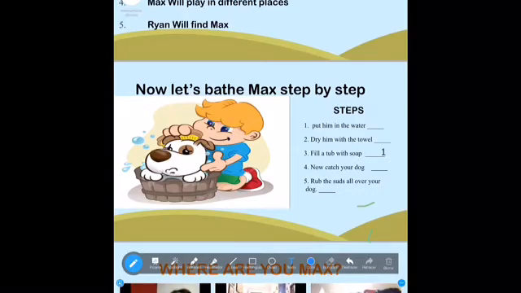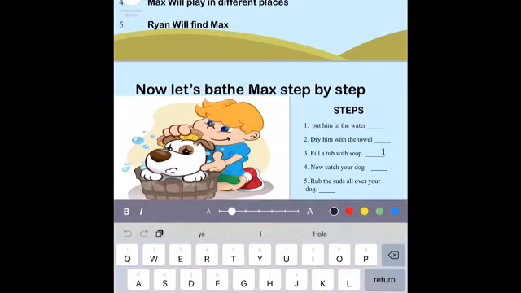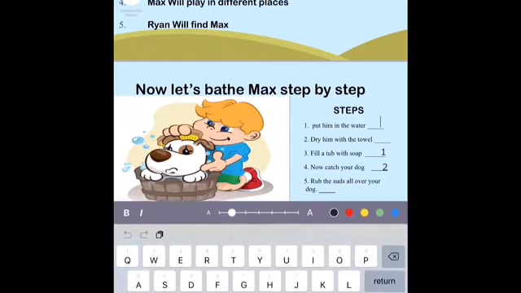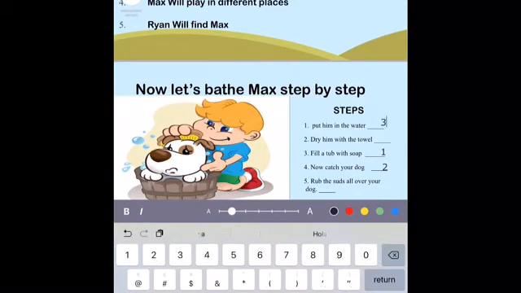Now the number 2. Exactly. Now catch your dog. This is the number 2. Okay, Suri. So the number 3 is the one that you mentioned, Suri. Okay. Put him in the water. Yes? Okay, very good. This is the number 3.